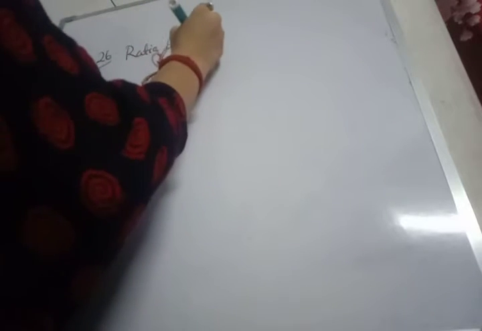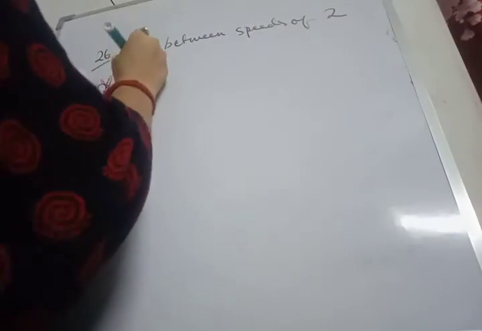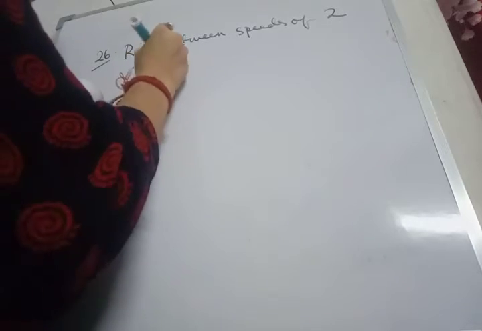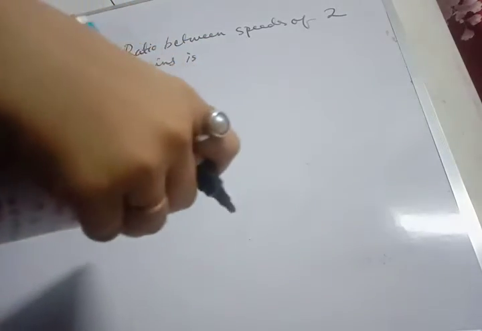So, we move to sum number 26. The ratio between speeds of two trains is 4:3.